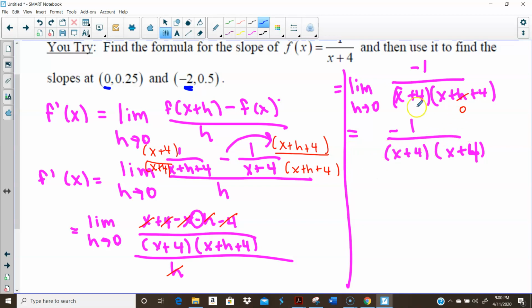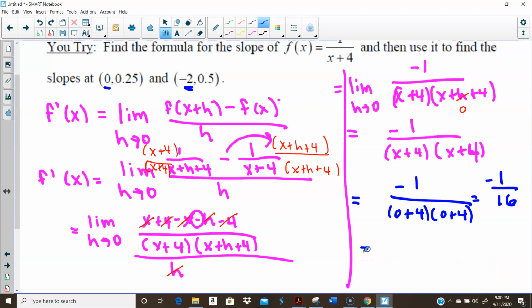So I found the derivative. Here's the derivative. And I can figure out the actual slope by plugging in 0 first. So negative 1 over 0 plus 4 times 0 plus 4 is equal to negative 1 over 4 times 4, which is 16. So there's the first slope.